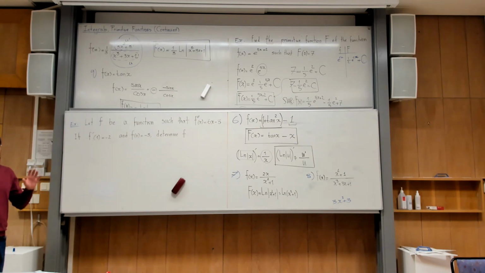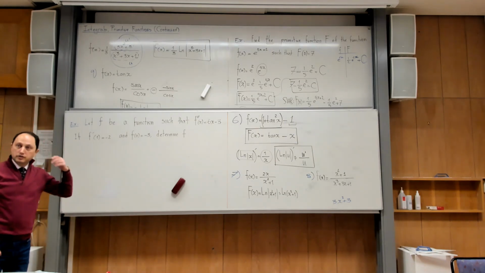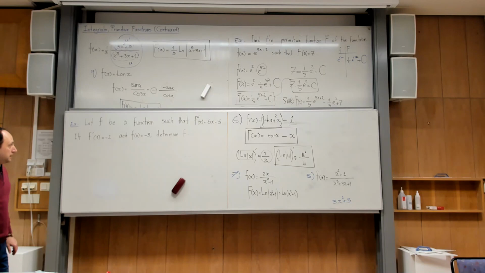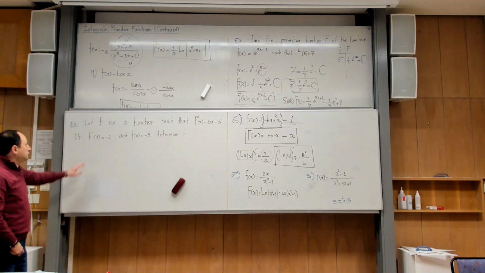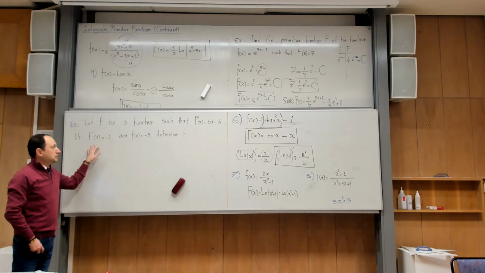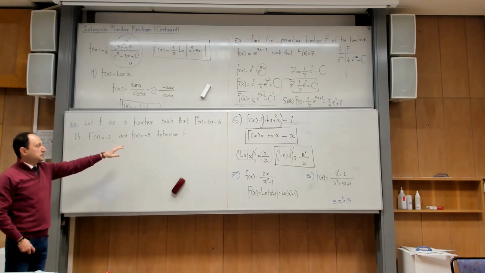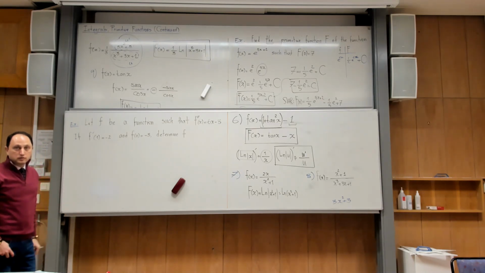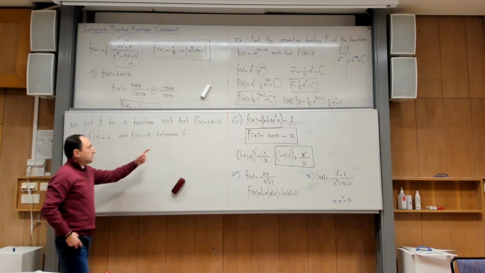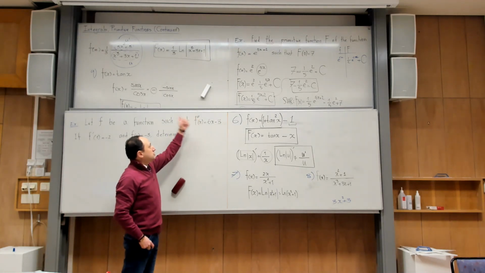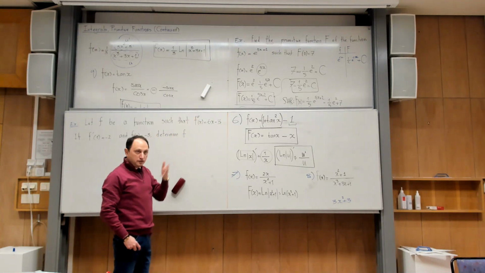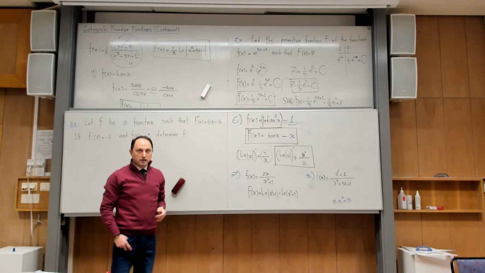So they have given us the second derivative of a function, and they have provided us with 2 extra pieces of information, and we are supposed to find the function f. So what I'm supposed to do, if I ask you how can I find the first derivative, is a primitive function for the second derivative, yes?